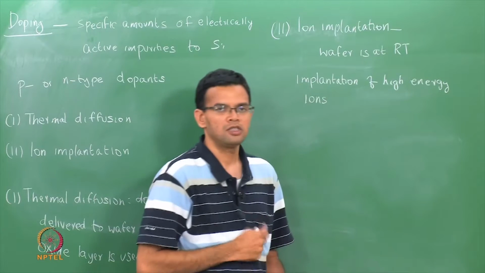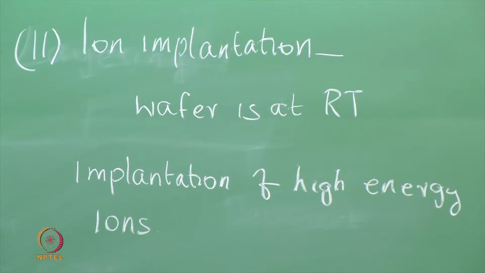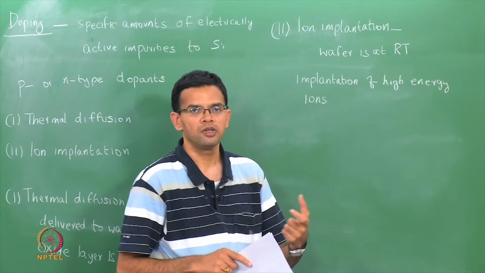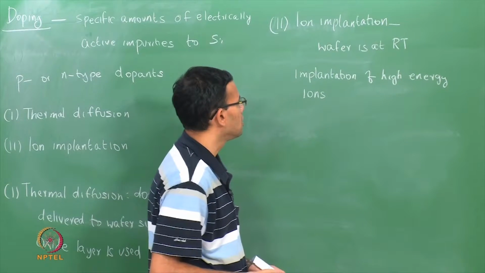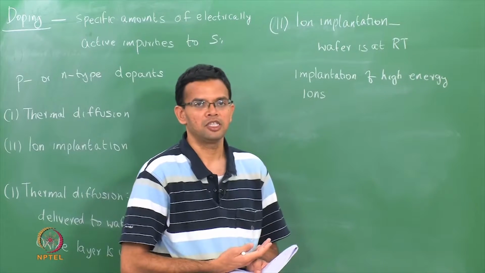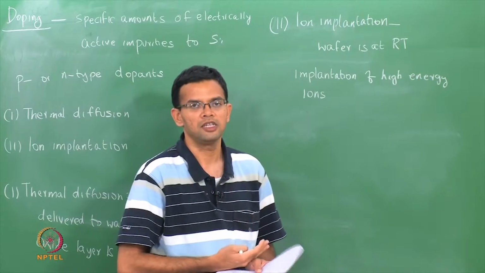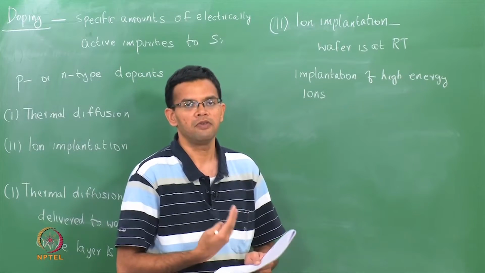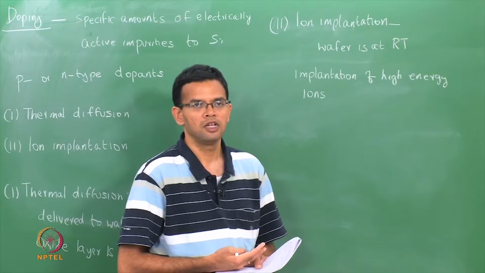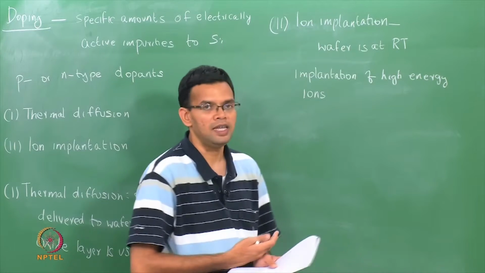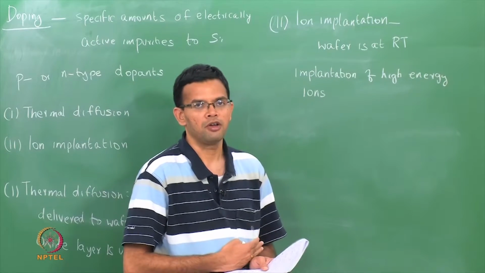So, here because the wafer is at room temperature, you can also do conventional lithography. So, you can dope really small regions. In the case of ion implantation though, the fact that you are hitting your wafer surface with high energy ions can lead to wafer surface damage. So, usually some sort of annealing is used post ion implantation.